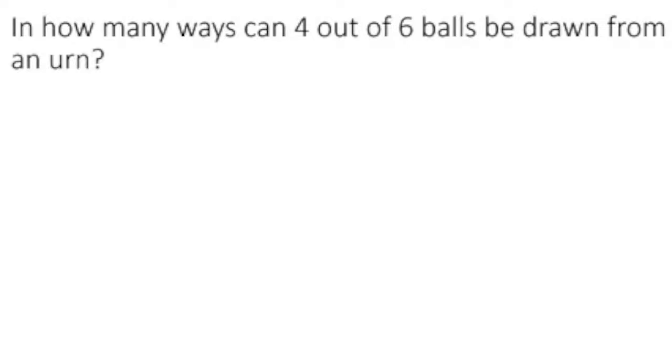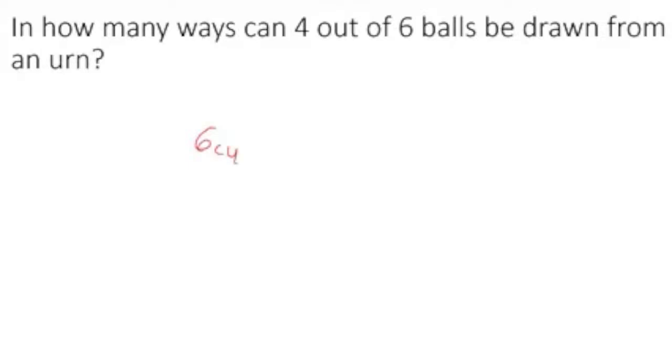In how many ways can 4 out of 6 balls be drawn from my urn? So guys, I need to pick 4 balls from the available 6 balls. How can we do this? The answer will be 6C4.